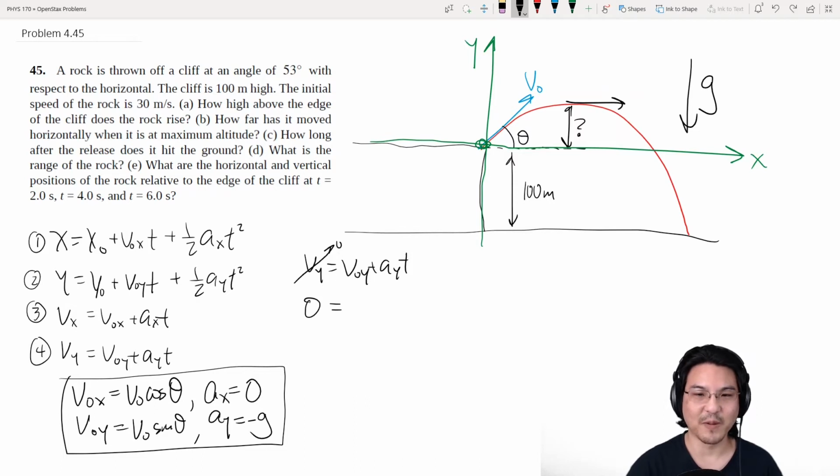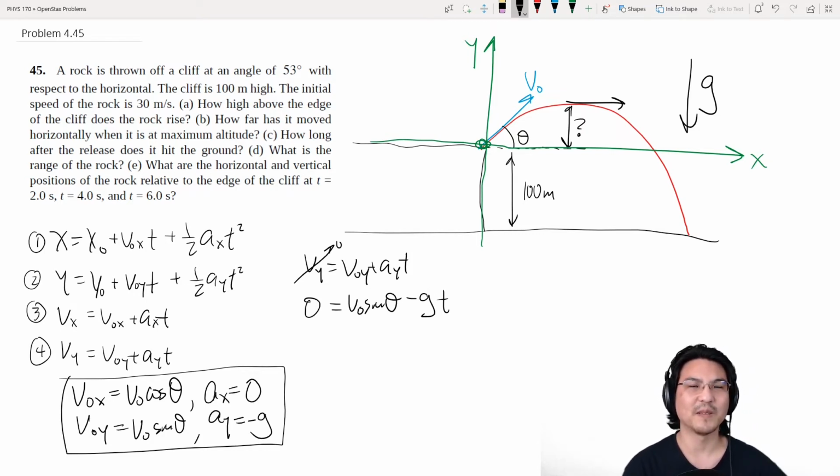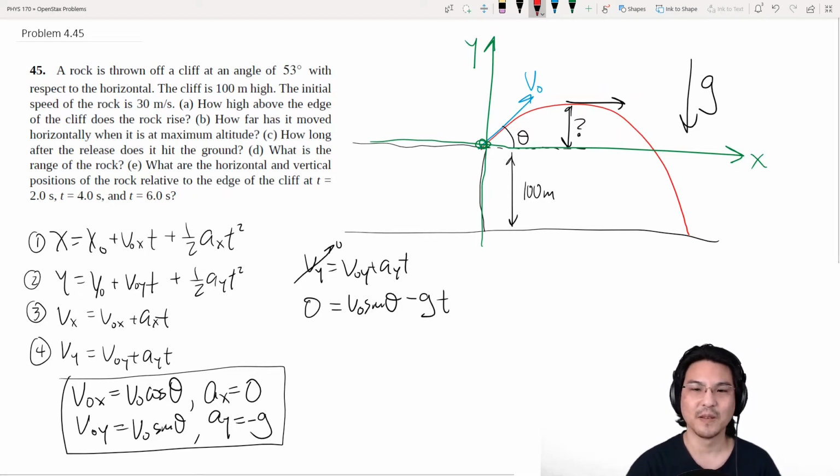So v naught y is v naught sine theta, ay is negative g. Now let's take a look at what is known and what is unknown. V naught is 30, theta is 53 degrees, g I know, 9.81. T, I don't know.